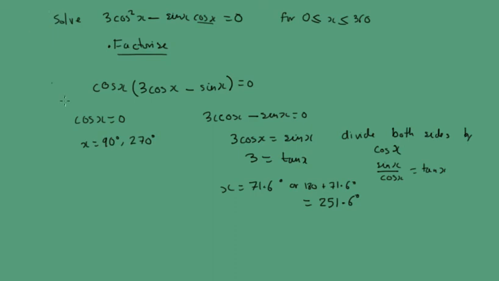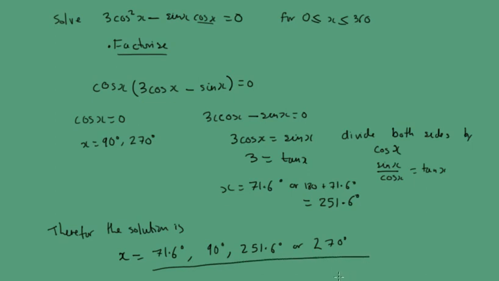Therefore, the solution is x equals 71.6 degrees or 90 degrees or 251.6 degrees or 270 degrees. So we've got these 4 solutions of x.